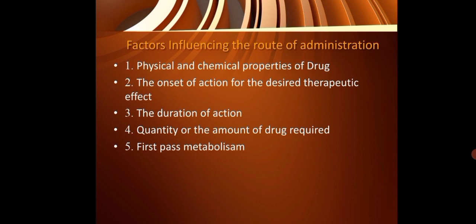The reason for this is that first pass metabolism in the liver limits the action of the drug. However, some drugs such as morphine and propranolol may still be effective orally because of active metabolites which possess the pharmacological action of the parent compounds.